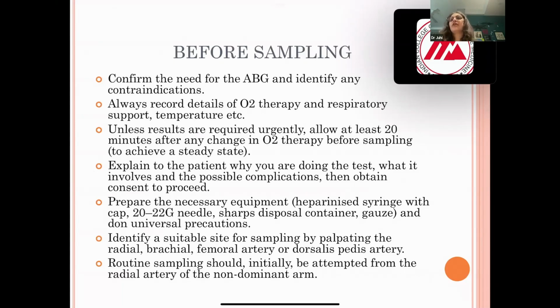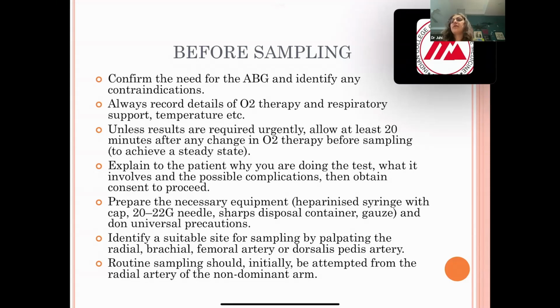So what do you keep in mind before sampling? Confirm the need for the ABG, whether you need the ABG or not. Identify any contraindications. Always record the details of oxygen therapy, ventilatory support and temperature. Why this is important, I'll tell you later on.